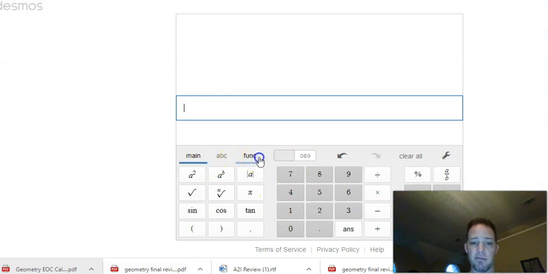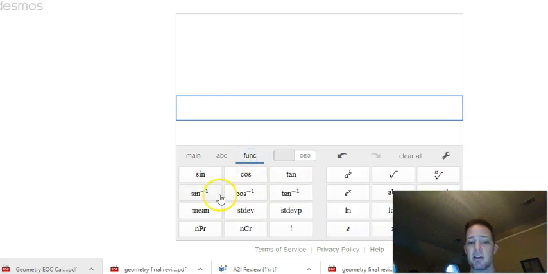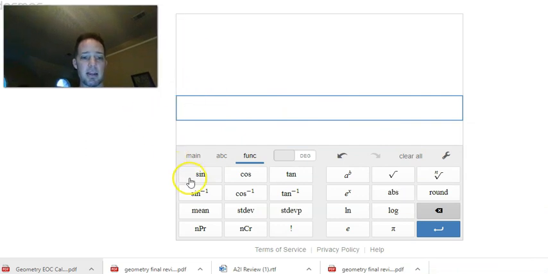On the main screen, you already have the sine, cosine, and tangent. But if you go to functions, you have the inverse: sine inverse, cosine inverse, and tangent inverse. So let's check this first one that we wanted to do. Sine inverse of 1/2.